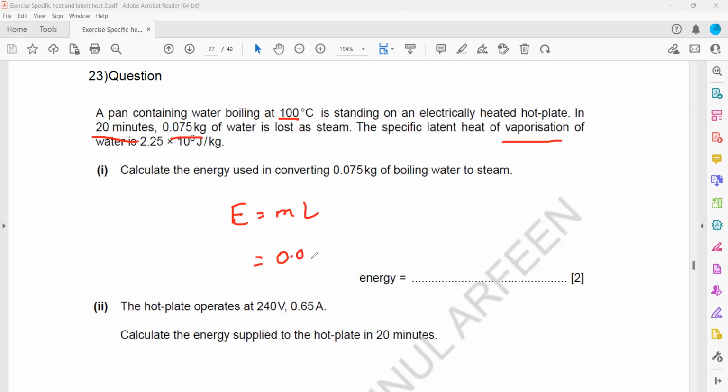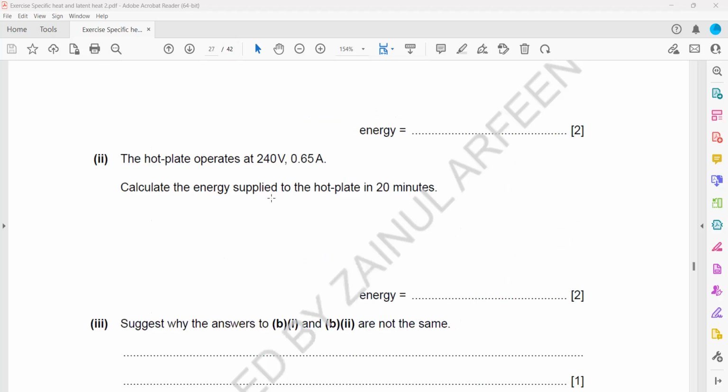The mass is 0.075 and the latent heat is 2.25 times 10 to the power 6. When we multiply, we get 168,750, and the energy will be in joules. Because there is a change in state, that's why energy is mass times latent heat. Then the hot plate is operated for 20 minutes. We need energy.